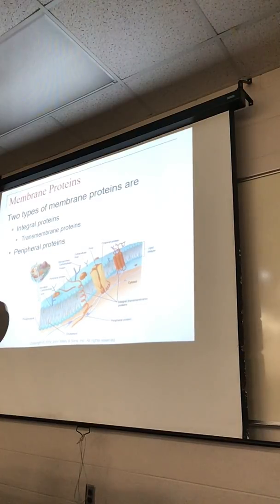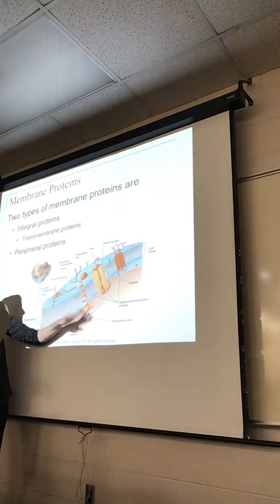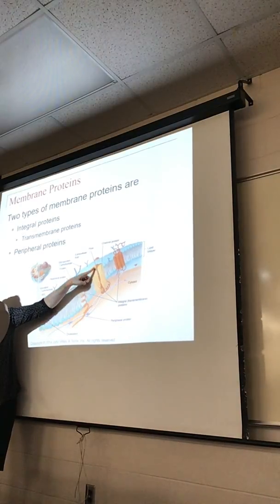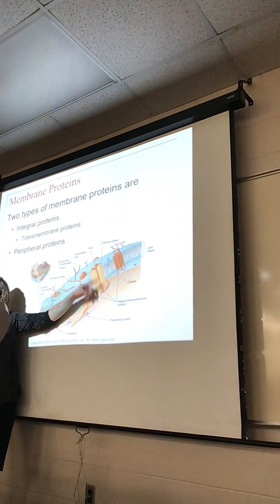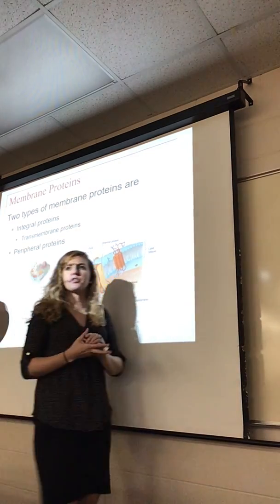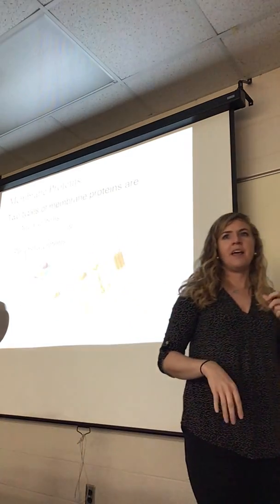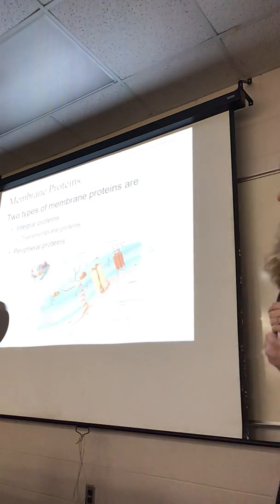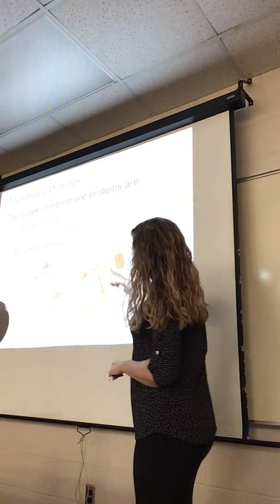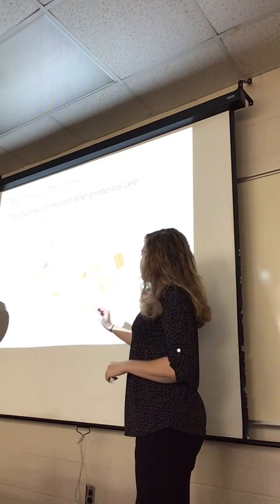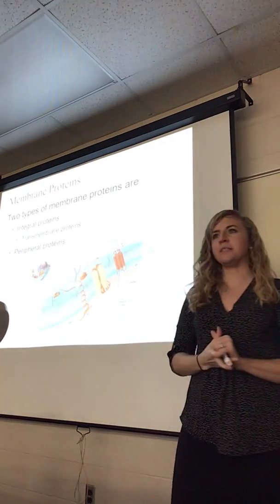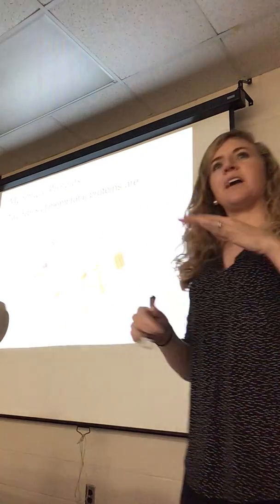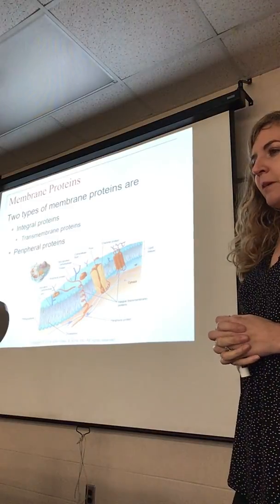Transmembrane proteins are very important because they span the distance between the outside and the inside, and they're also going to make things like these big transmembrane proteins with pores through them. They're really good ways for your cell to interact with its environment and allow things to come in and out of the cell that otherwise wouldn't be able to squeeze between these little phospholipids. So transmembrane integral membrane proteins span the width of the membrane. They go from the outside to the inside.